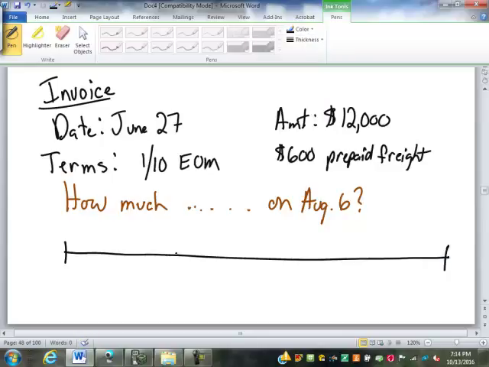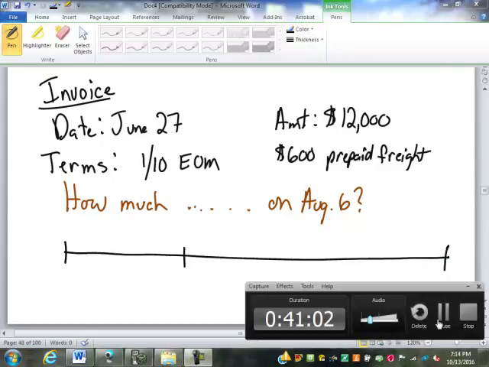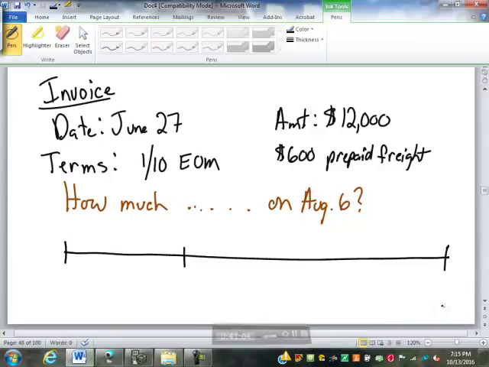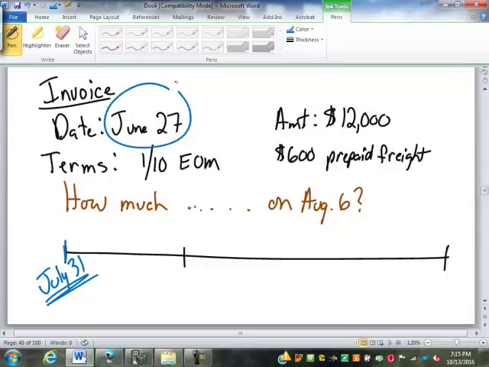So give you some time to figure that out in your notes. So if we look at our dates, what is the date that this all begins on? Is it June 30th? Why July 31st? You got it. That is after the 26th.